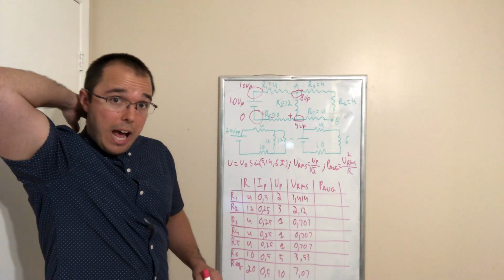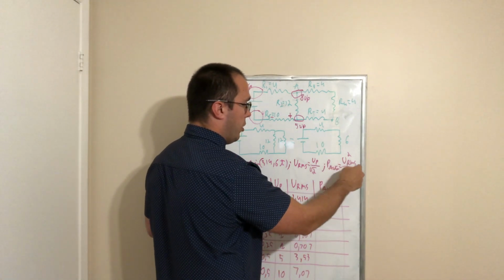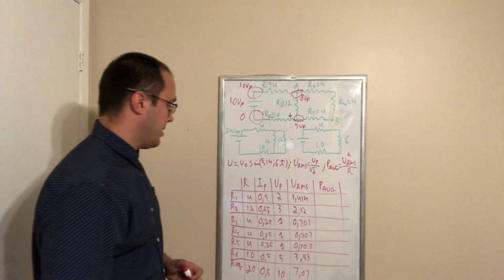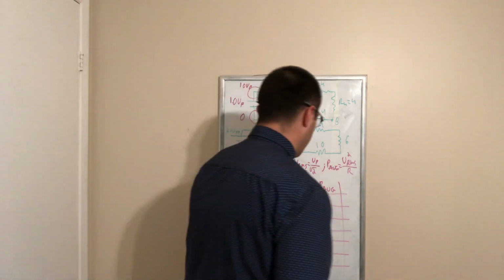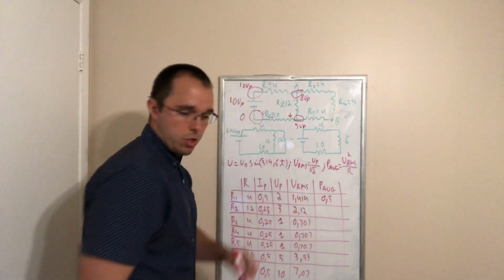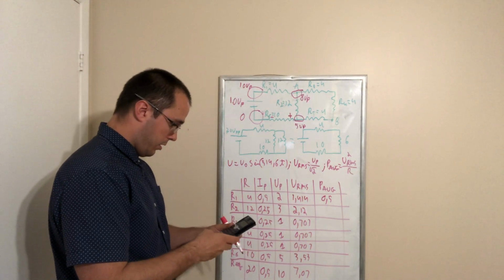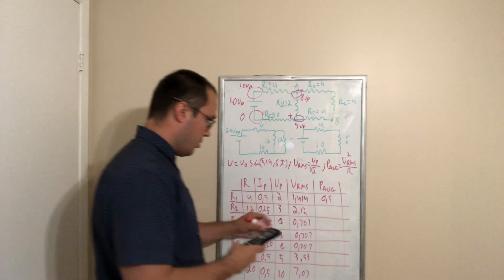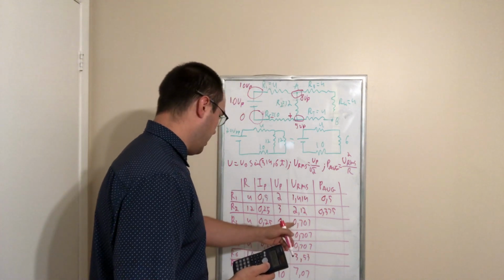Now if we want to calculate the average power, we use that formula. Average power is equal to the voltage RMS squared divided by the resistance. So voltage RMS squared divided by the resistance, this is 0.5. I'm not sure for the second one, let's have a look. So it's 0.375. Let's look at these.